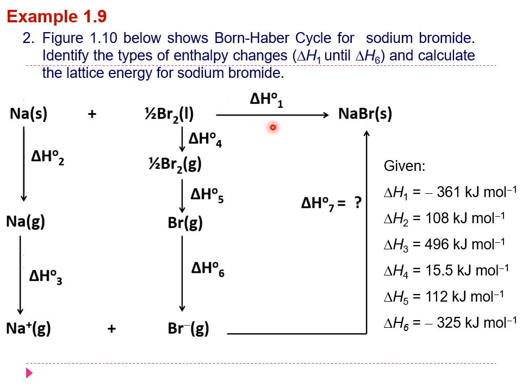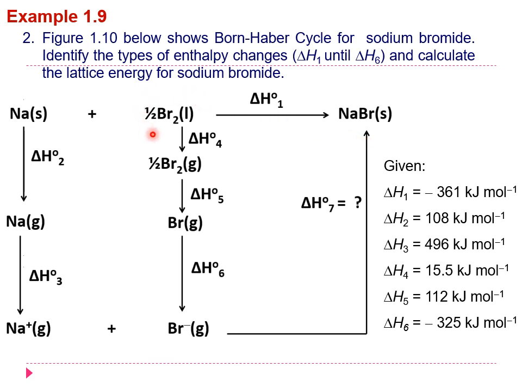So delta H1 would be the first equation on top, and this is the constituent elements in their standard state, standard condition. So it must be enthalpy of formation of sodium bromide. The ionic solid compound is this one.